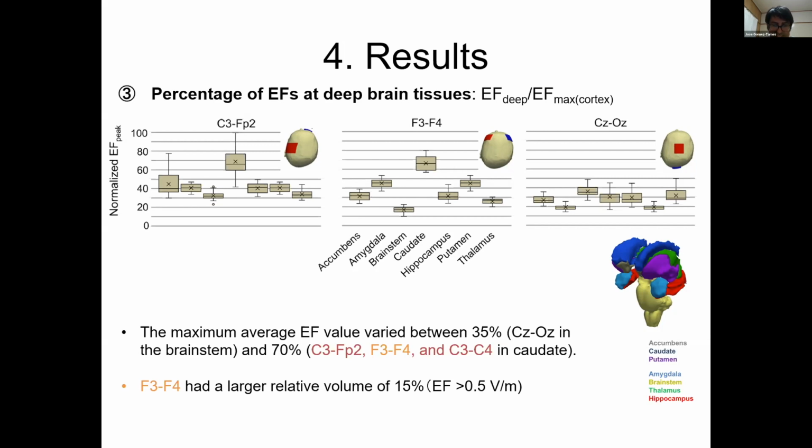Also, a large relative volume of different parts of the regions has significant values. For instance, F3, F4, for the caudate, 50% of the volume has an electric field over 0.5 volts per meter. Here we are using 2 milliamperes of stimulation for the injection current for tDCS.